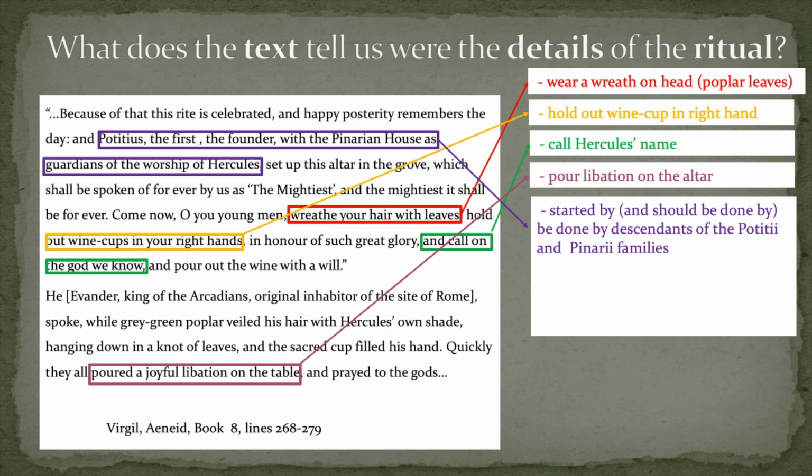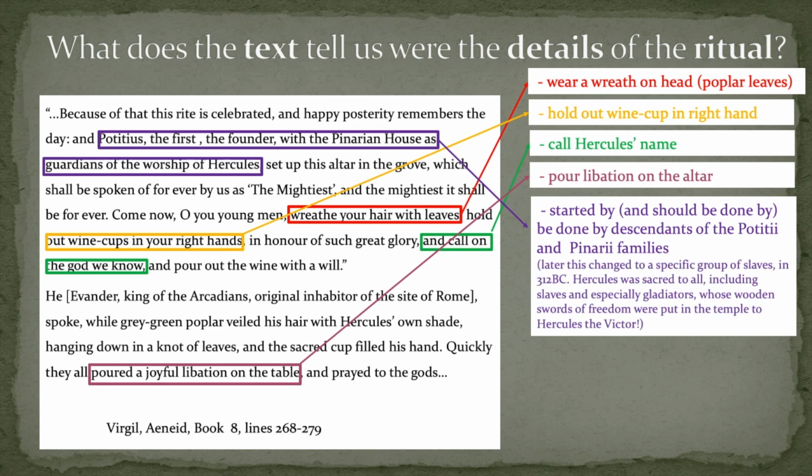Later, this changed to a specific group of slaves in about 312 BC. We are told Hercules was sacred to all men, women, children, and slaves as well. And gladiators, people who either were sold into slavery or sold themselves into that slavery, they were, of course, very much devoted to Hercules. You can see why.